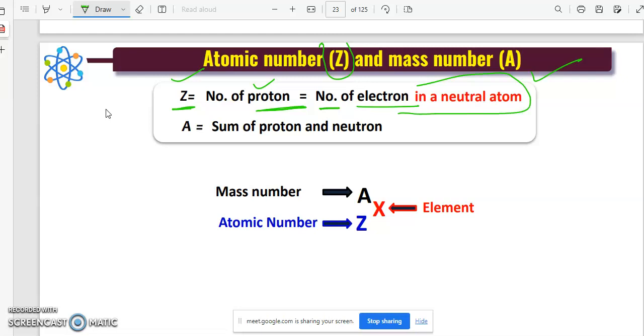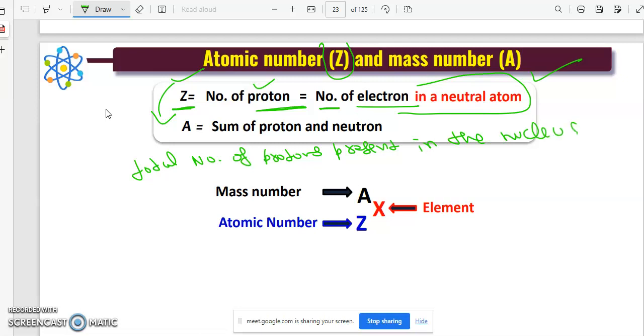So what is atomic number? If you have to define atomic number, then as we know that protons are present inside the nucleus, you can say that atomic number is the total number of protons present in the nucleus of an atom.